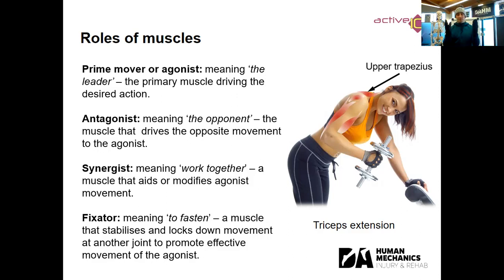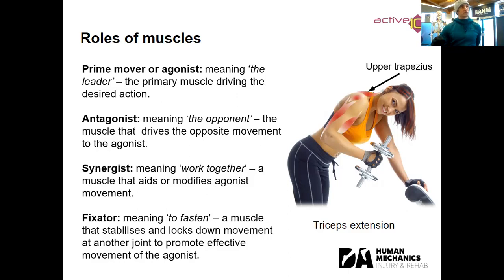Okay? So within a movement or an exercise, we have multiple roles going on. We always have a prime mover. We always have a muscle that's taking over. If we have one muscle that's producing the movement, we have to have an antagonist, the opposing muscle that's switching itself off to let the movement happen.